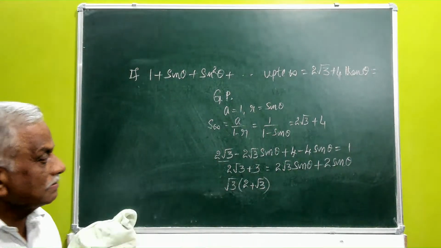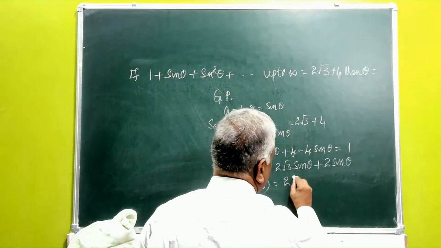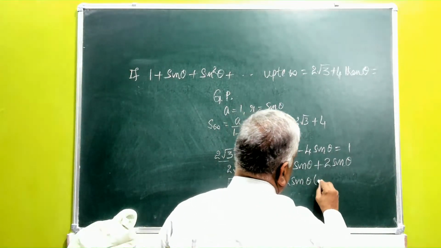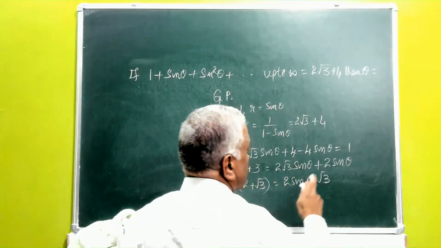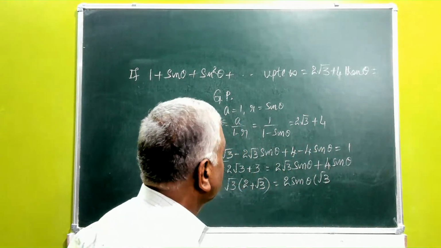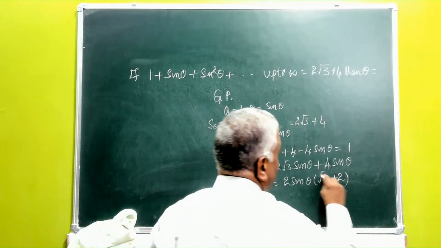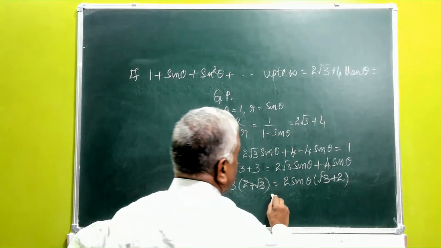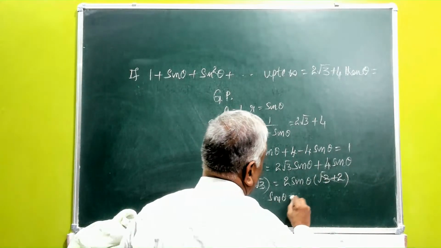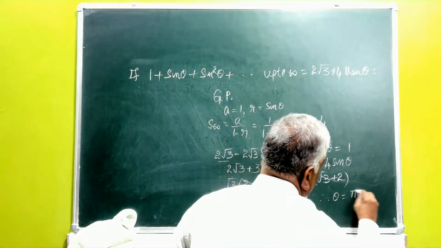On the right side, you can take 2 sin theta common. Oh, this is not 2 sin theta, this is 4 sin theta, I'm sorry, because you got 4 sin theta. You will get root 3 plus 2. So these two will cancel. So you will get sin theta is equal to root 3 by 2. Therefore, theta is equal to pi by 3.